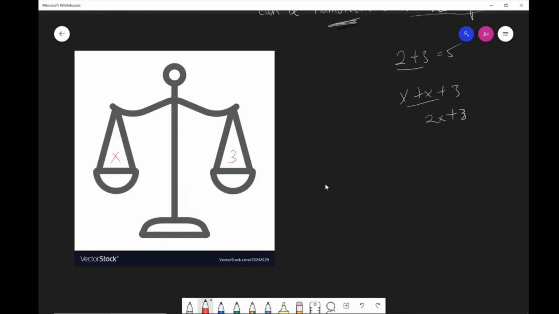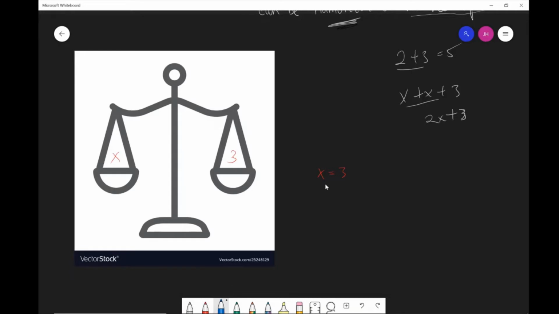So we can say that x is equal to 3 because they are of equal weight. Now, the idea of an algebra equation is that whatever happens on the left side also has to happen on the right side. Let's see what we mean by that.